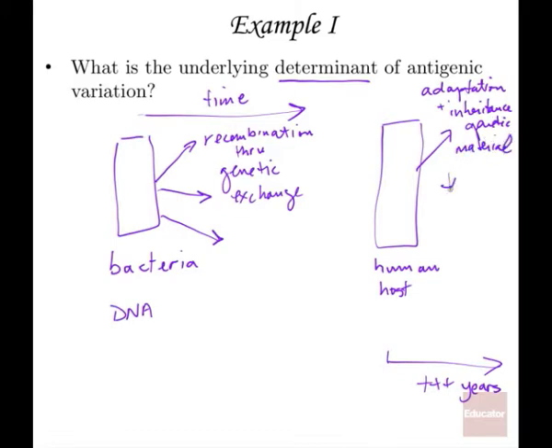And also through selective reproduction and survival. So basically, the underlying determinant of antigenic variation is DNA, okay?